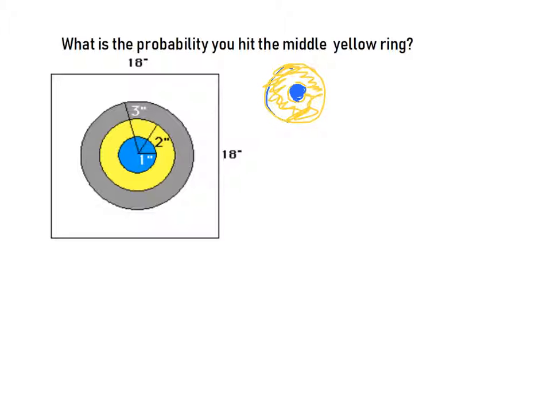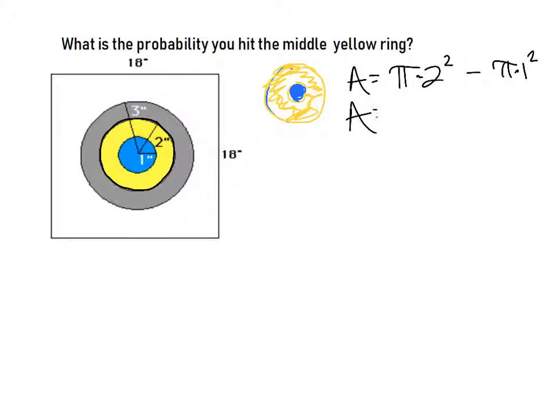All right, so area of the outer yellow circle, so it's this circle right here, that has a radius of 2. So I'm going to go area equals pi times 2 squared. But then I'm going to have to subtract the blue circle, which we know is pi times 1 squared.